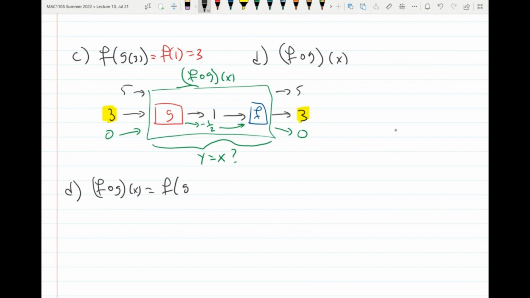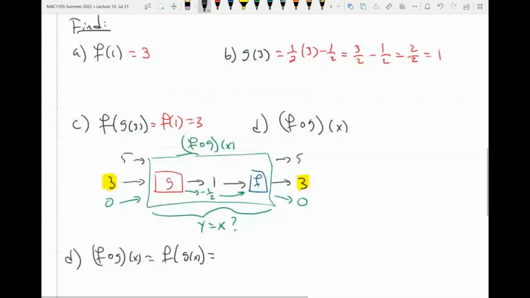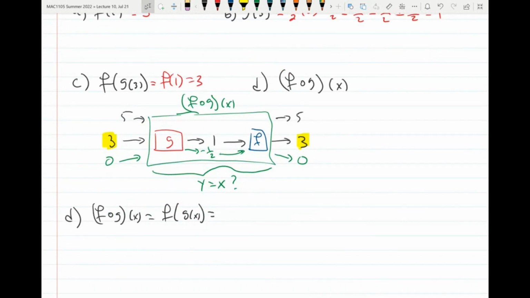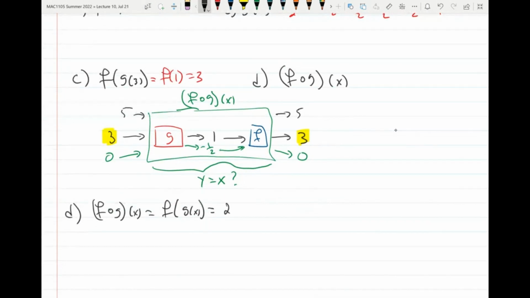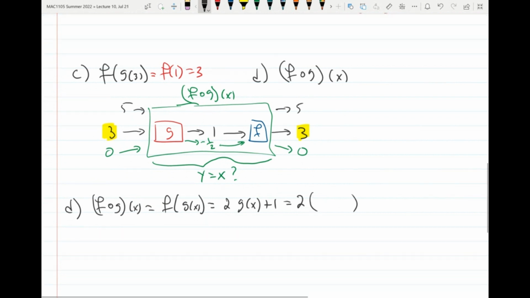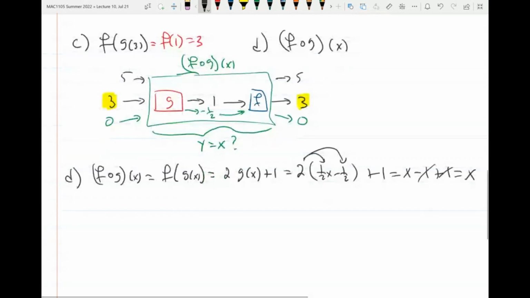That means that we need to plug in g into f, and then put the formula for g, which is 1/2 x minus 1/2. After distributing, we're gonna get x minus 1 plus 1. The ones cancel out, and we get x.